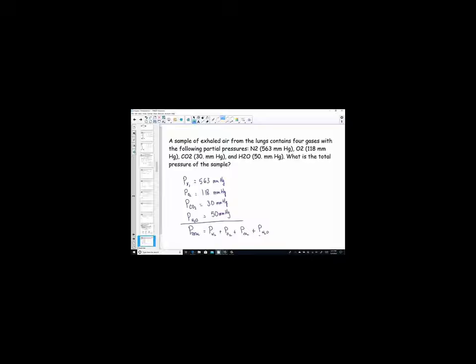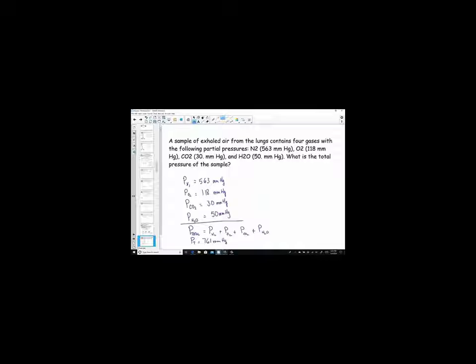So it's as easy as saying 563 plus 118 plus 30 plus 50. I added those together and the total pressure came out to the sum of 761 mmHg, millimeters of mercury. I know, you're welcome. This one was an easy one.